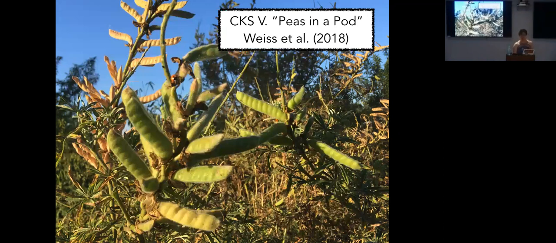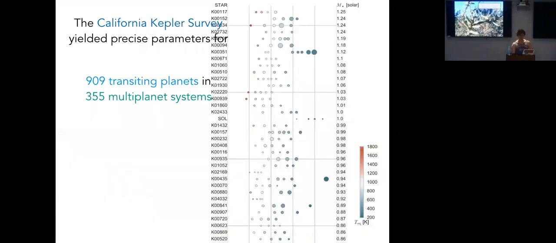So this discovery was actually sort of a happy accident. I was just looking at the properties of the multi-planet systems from the California Kepler survey. So just quickly, this was 355 multi-planet systems with 909 transiting planets. And I wanted to get a sense of just an overview of what I was looking at.